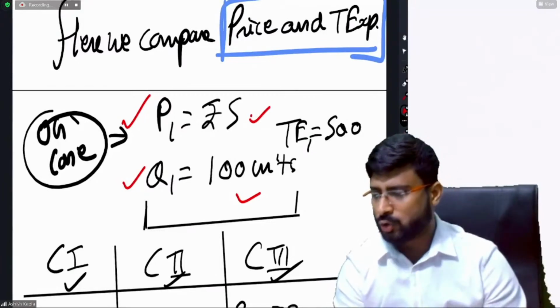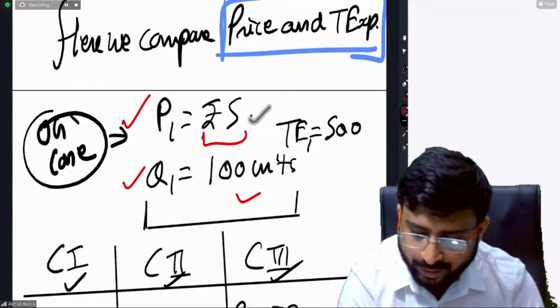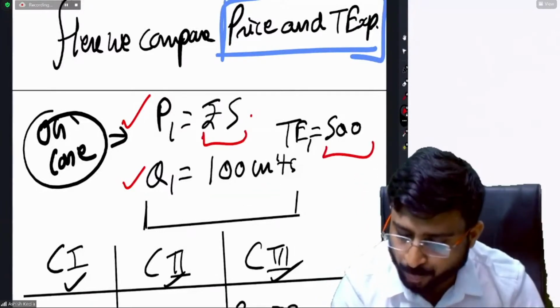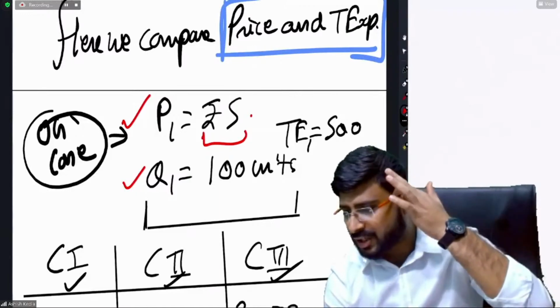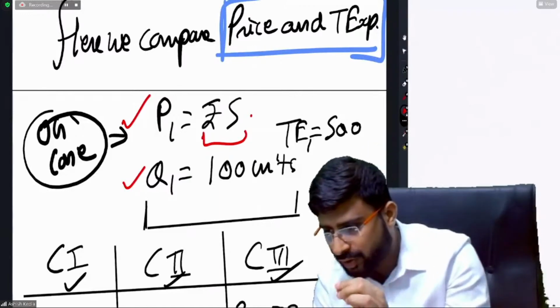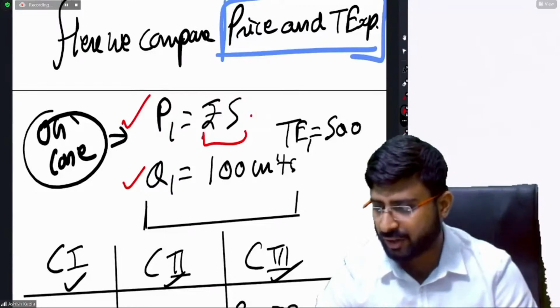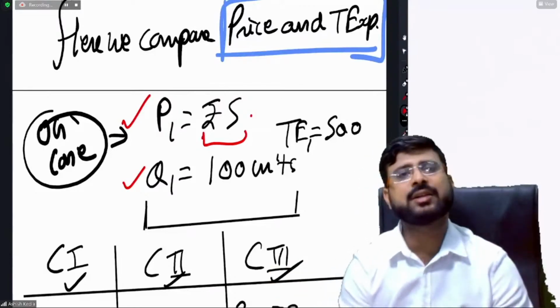Yes, you are correct. Total expenditure is 5 into 100, that is ₹500. Correct, everyone?